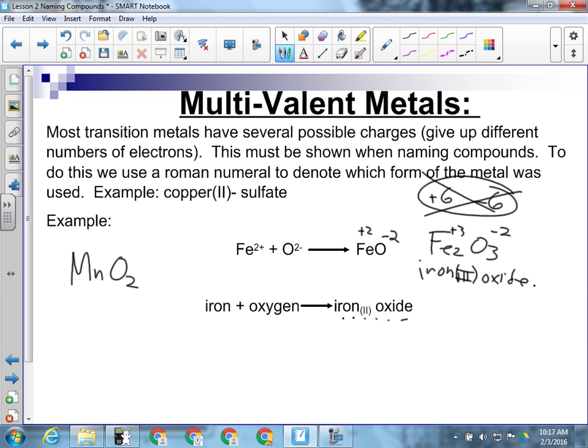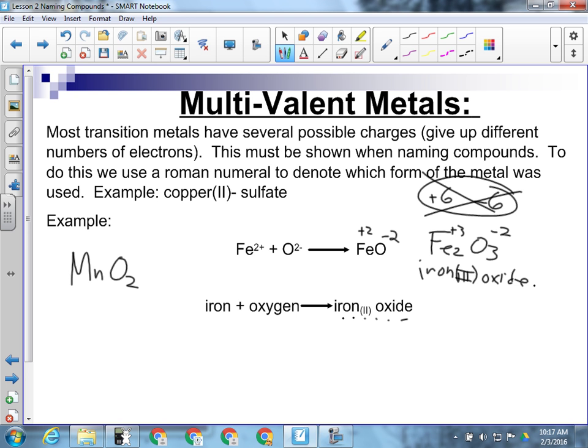Okay? What's Mn stand for? Nope. Magnesium is Mg. This stuff sounds like magnesium. Manganese, right. This is manganese. And what are the 2 possible charges for manganese? 2 or 4.